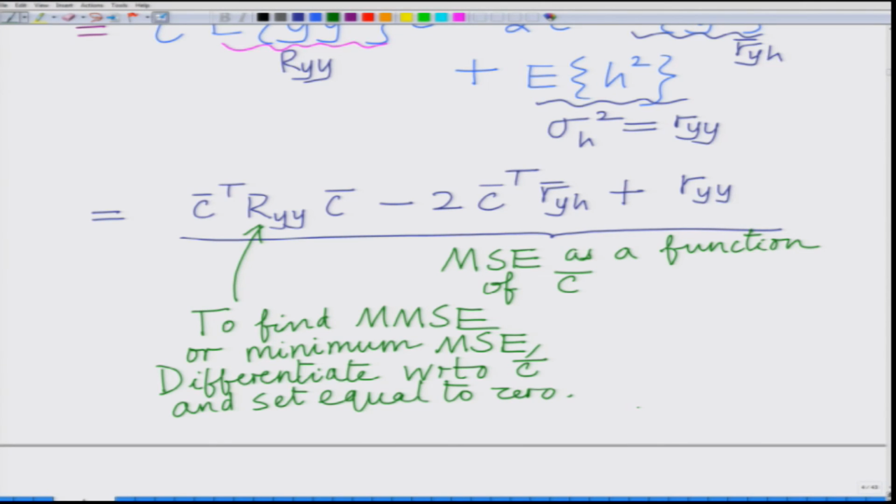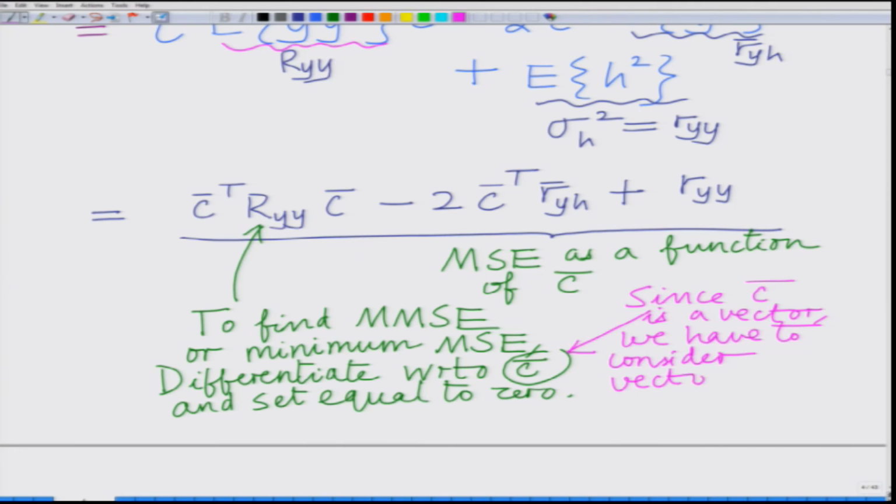However, C bar is a vector, therefore, we have to consider a vector derivative. Since C bar is a vector, we have to basically consider the vector derivative.